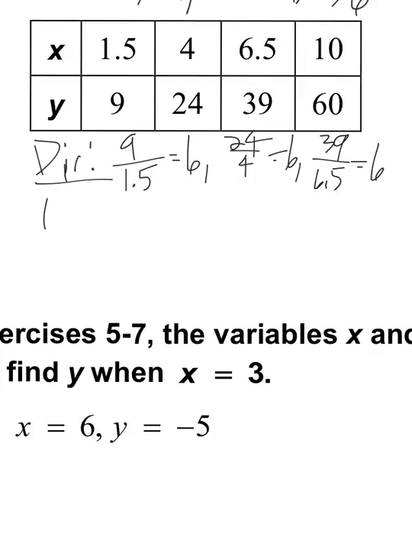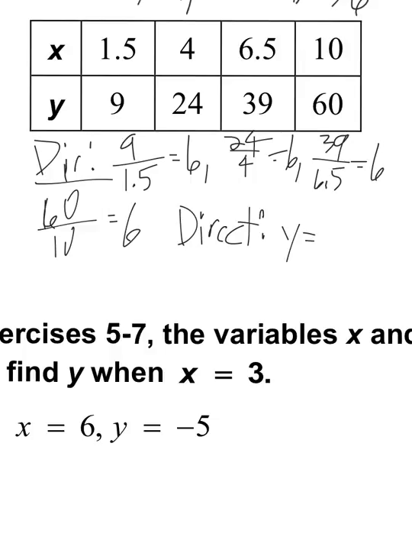And then 60 over 10 gives you 6. So that means it's got to be direct. And so we just say y equals, and then that a value we just figured out was 6, so y equals 6x. And that is going to be the answer to number 3.